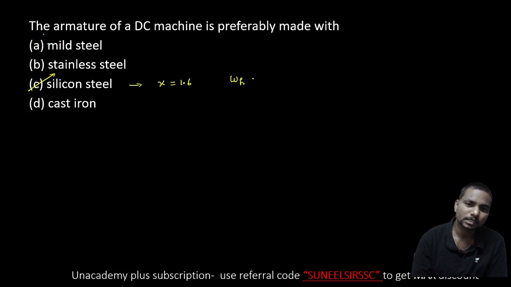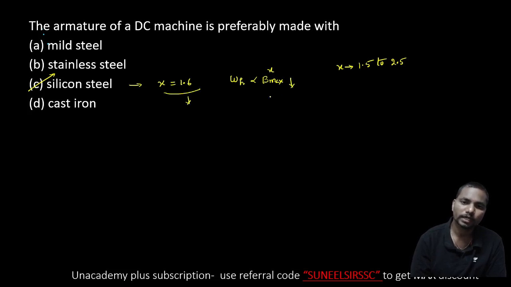Generally hysteresis loss is proportional to B max power X. X values generally vary from 1.5 to 2.5. For silicon steel it is 1.6, which is less, so hysteresis losses will also be reduced. So the answer is option C.